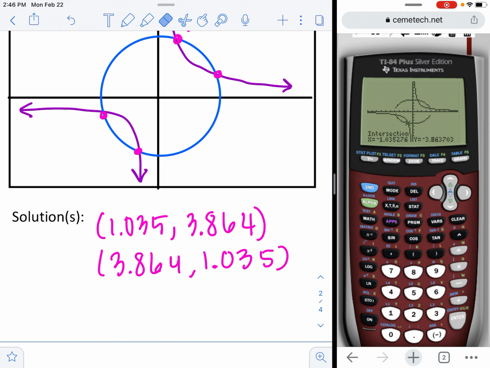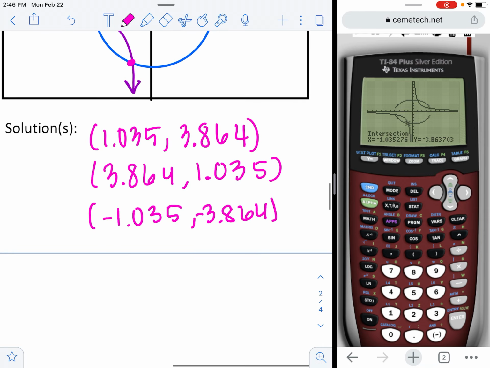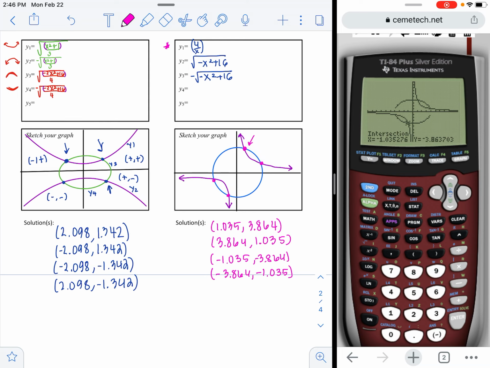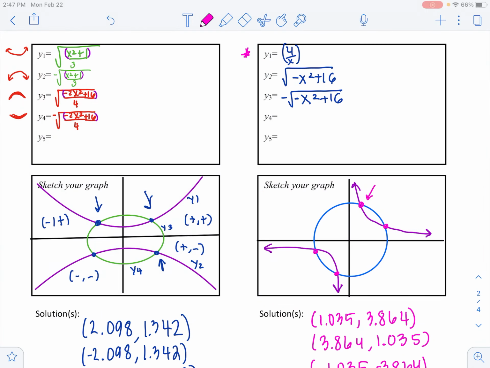Hit enter. Now it's on Y2, which I need to be on Y3, so I'm going to hit the down button. And now it's close to it. Hit enter. Should I guess? Yes. And as you can see, it's negative 1.035, comma negative 3.864. So now you can notice that it's symmetric, and notice that this one is negative 3.864, comma negative 1.035.